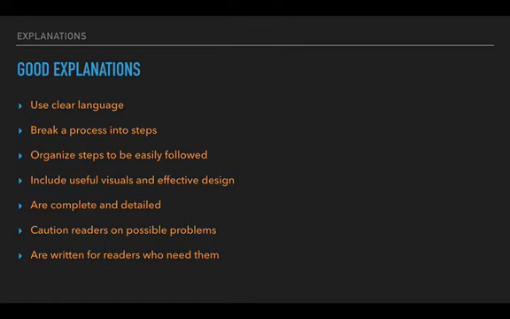It's going to take a little bit of planning and preparation. Organize the steps to be easily followed, and we're going to do peer review of each other's work again, and I'm going to ask your peers to comment on whether or not the steps or the parts of the process can easily be followed, or if there are gaps that need to be filled in.